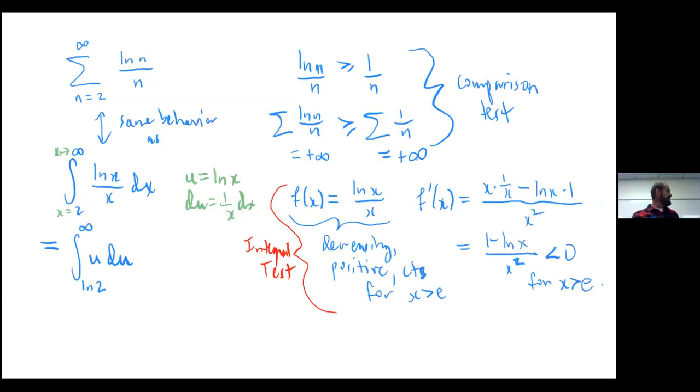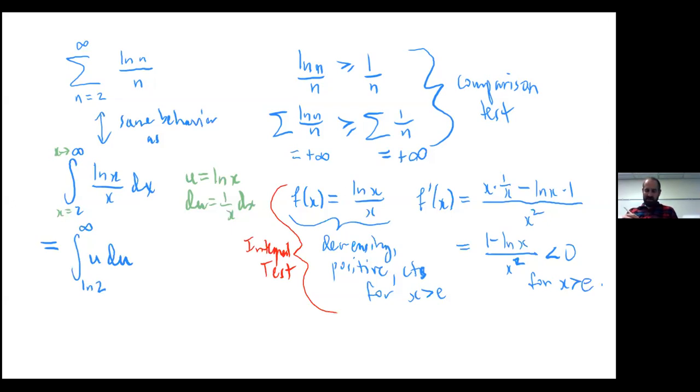I'm integrating the function y equal to u from the logarithm of 2 to infinity. What does that look like? That's just a straight line. Does that make sense? Clearly that's going to have infinite area, correct?